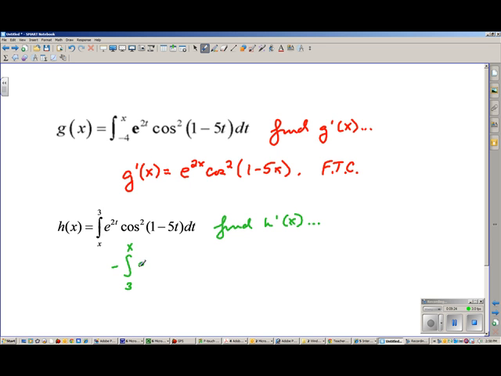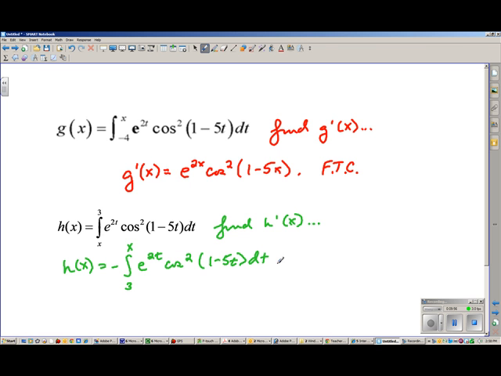So this is e to the 2t cosine squared 1 minus 5t dt. This is still h of x. The only thing I've done is I've switched the limits of integration, and if I do that, it just makes the answer opposite. So these two steps sort of undo each other and keep it equal to h.